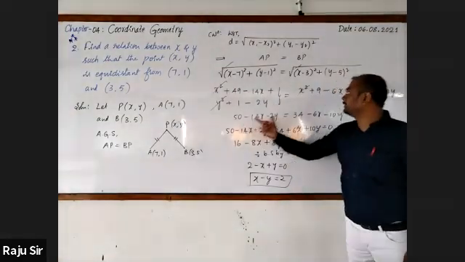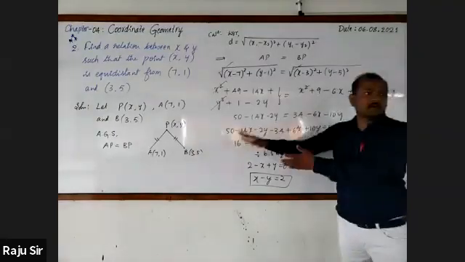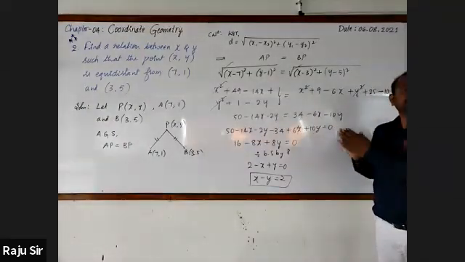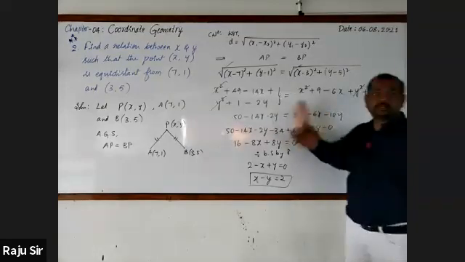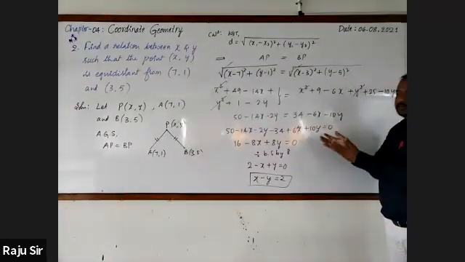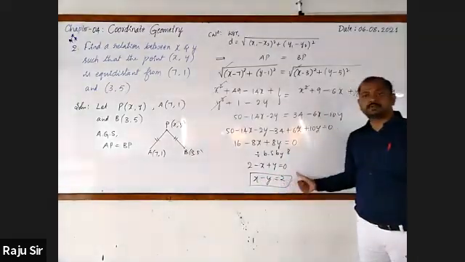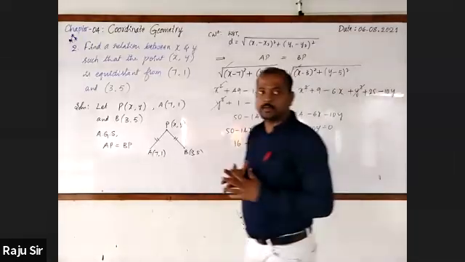We simplified the LHS and RHS, then wrote all algebraic terms on one side and constants on the other. After simplifying, you get x minus y equal to 2. Followed?